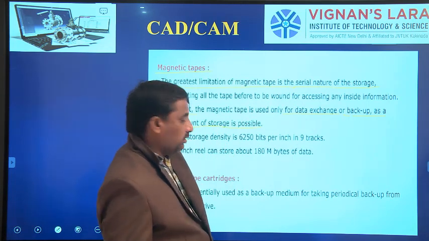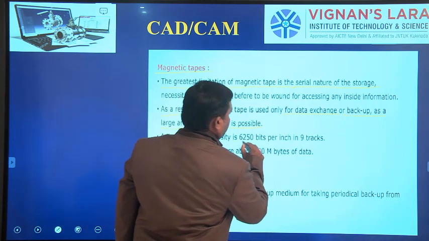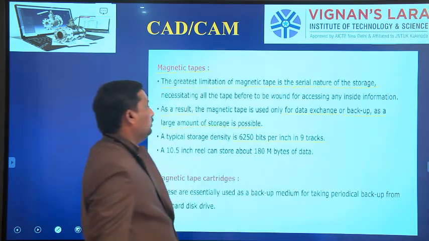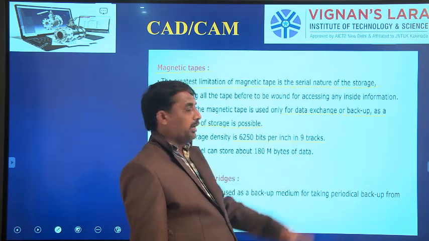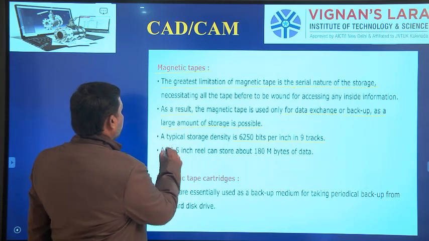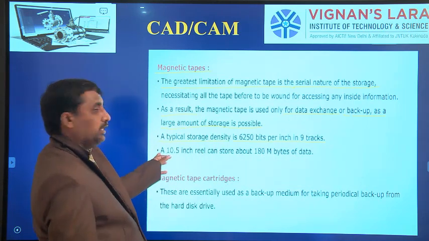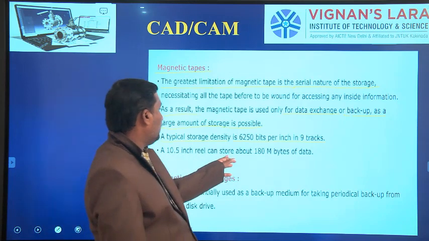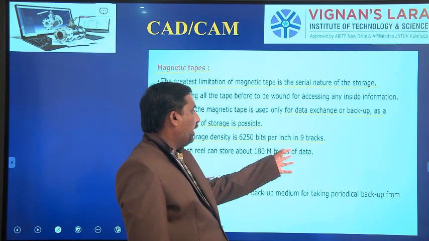Next, the typical storage density, that means its capacity, is 6250 bits per inch in 9-track drives. This is the typical figure, not for all magnetic tapes. A 10.5 inch reel can store about 180 megabytes of data.